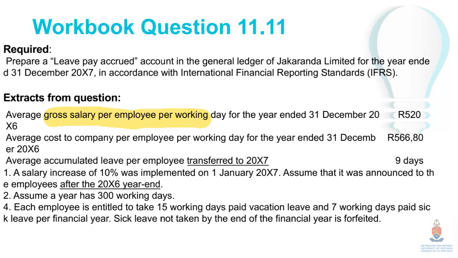Anyway, so now we are looking at, so it says gross salary per employee per working day for the year ended 31 December 2016. So it's important the way they worded it. It's per employee per working day, right?